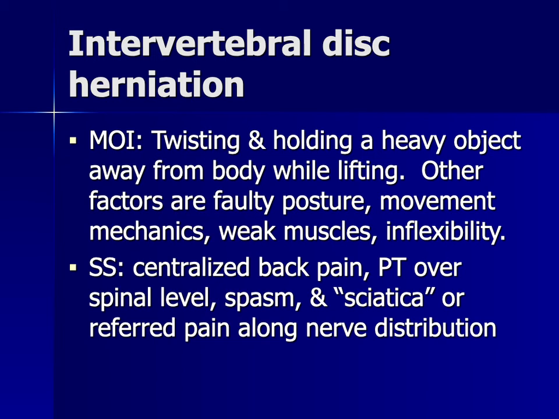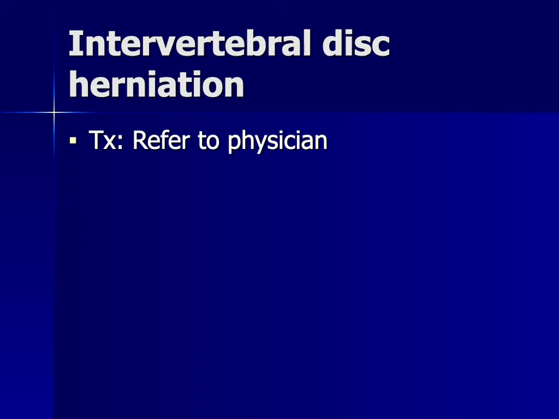Treatment for here really is we need to get them to a physician. They need to have a CT scan or MRI, see what's going on in the spine, to see if they need to have surgery. Surgery shouldn't always be the last option. Typically we'll do physical therapy first.